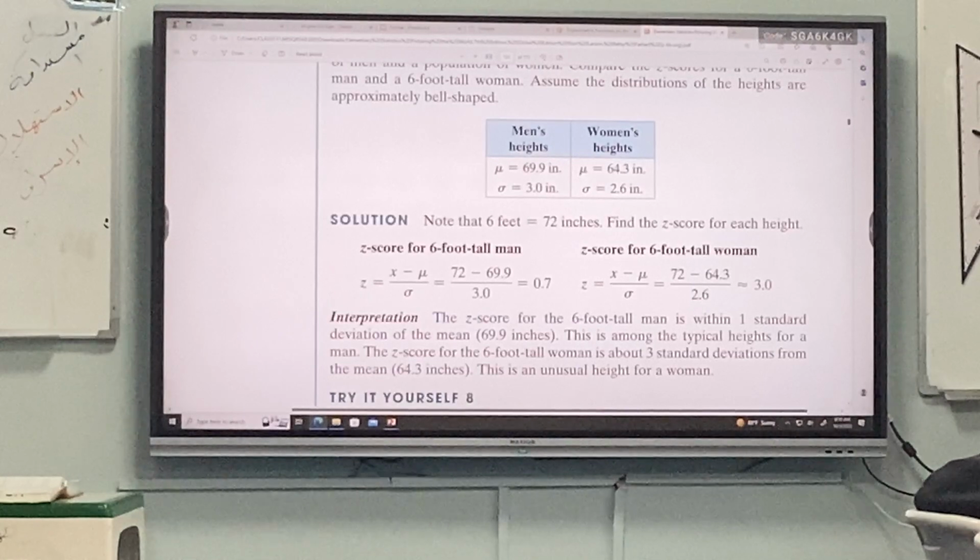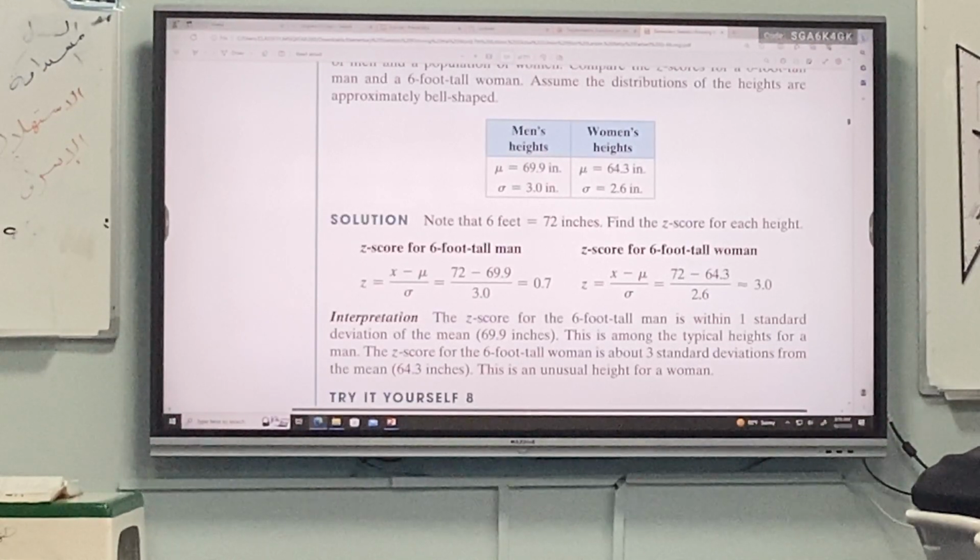So the mean for men is 69.9 inches. Whenever you have a z-score of, for example, 0.7 in this case, or 1, it's not that different from the mean, so it's not that unusual. So it's within the normal range for men.